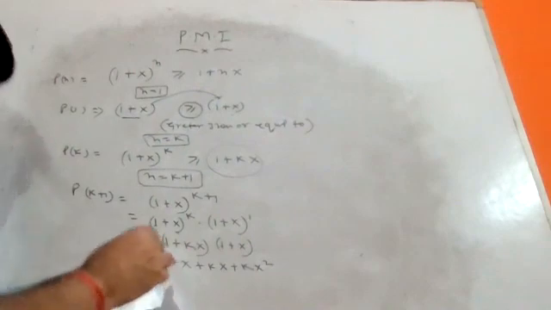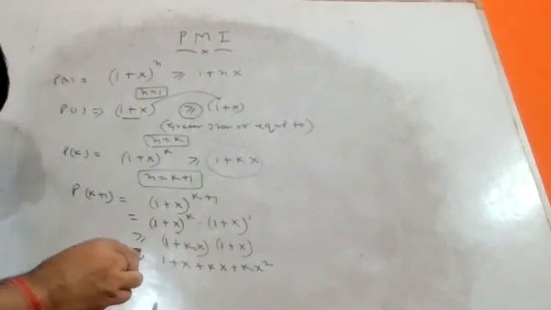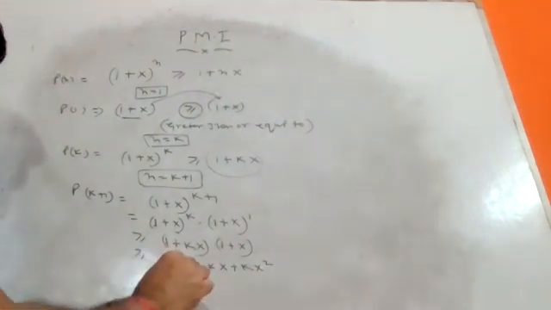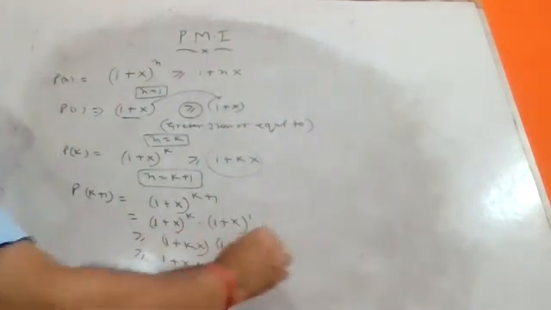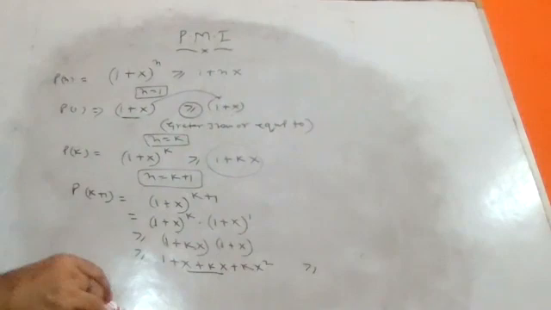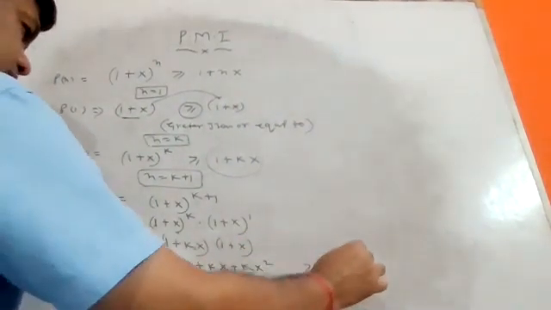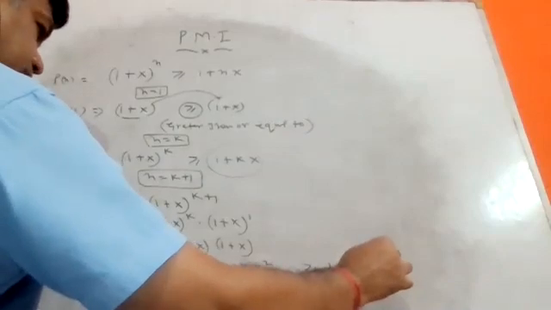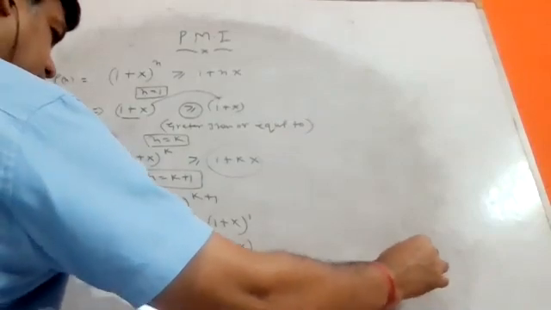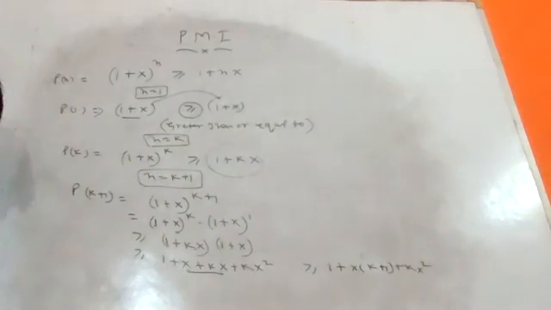Write ahead: 1 plus, taking x as common, (k plus 1) x plus kx square. So 1 plus (k plus 1) x plus kx square.